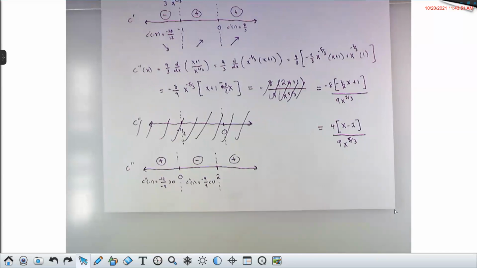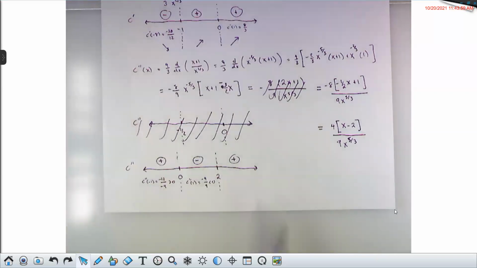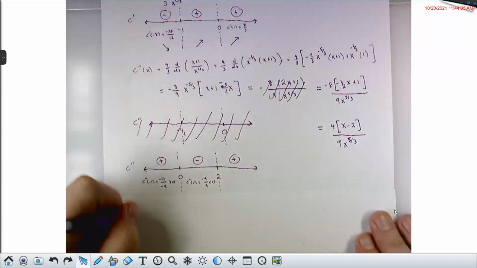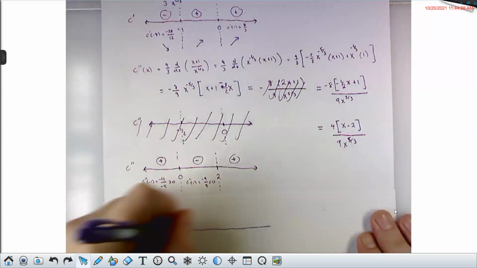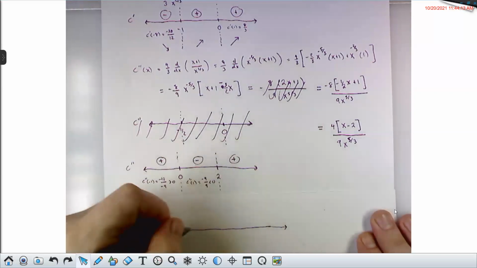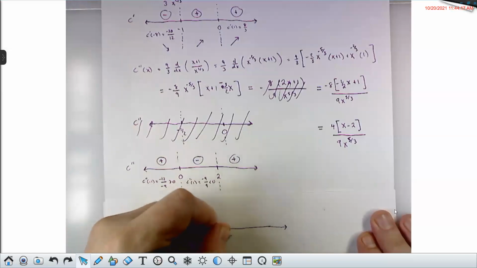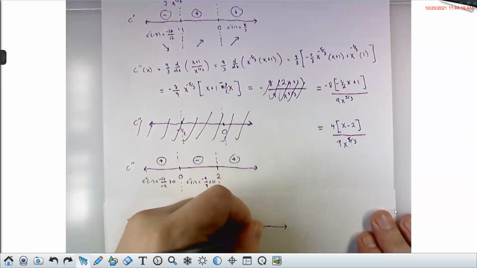So on a new sheet of paper, I'm going to draw a big number line for the shape of the function C. And that will have all of the numbers from either of these guys. So those are -1, 0, and 2.